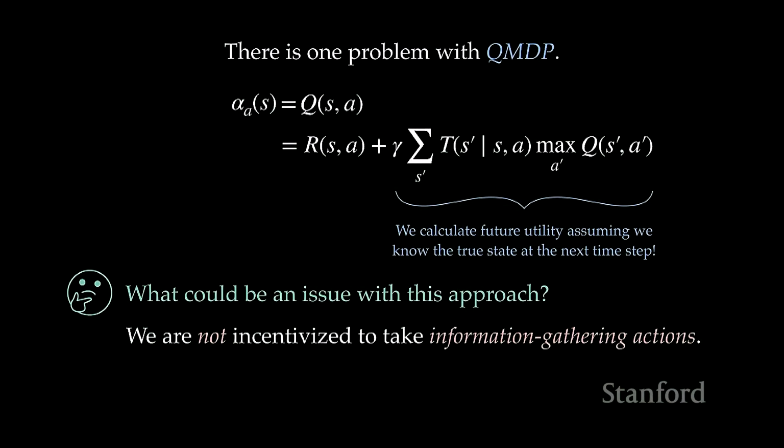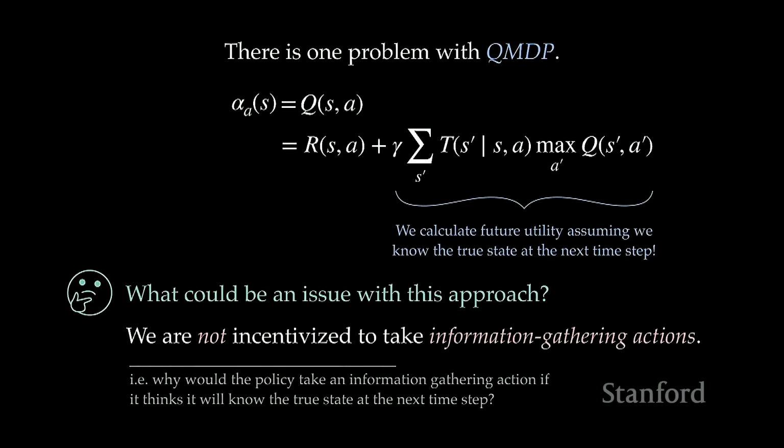If we're doing that here, our value function is assuming that at the next time step we're going to know the true state, then we're never incentivized to take information gathering actions that would otherwise be costly. But in POMDPs, that can be a really good thing to do, because you're not going to magically know whether A or B is correct tomorrow, and so you would probably want to drive down to San Jose, depending on how much you care about getting $1,000.